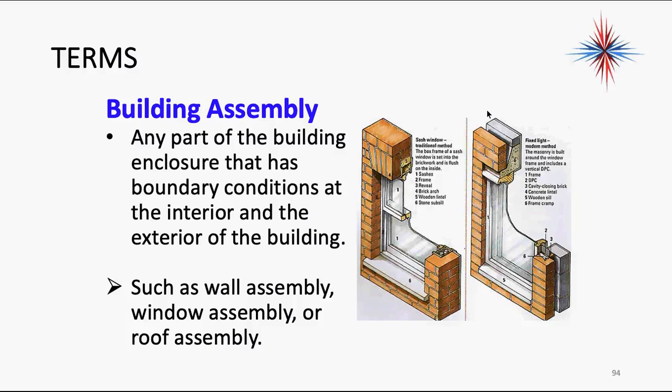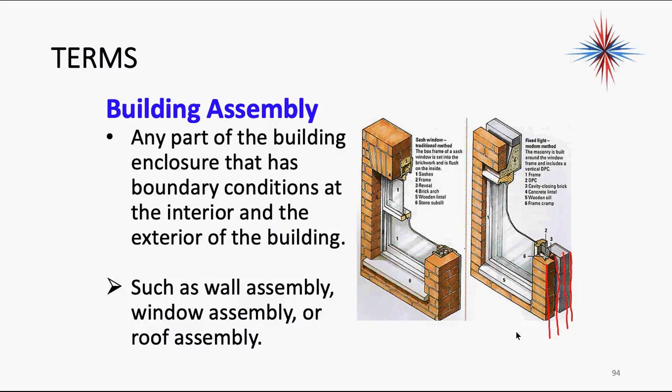In other words, when I'm looking at the house, I just see a wall. But we need to know what is in that wall. I have the exterior brick. I have insulation or an air gap, which, by the way, is a great insulator, air. I have my interior insulation or block, and then I might have a layer of sheetrock over it.